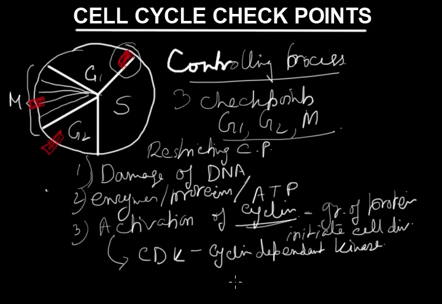It is the point at which the cell becomes committed to entering the cell cycle. So all these things have to be checked during the G1 checkpoint.